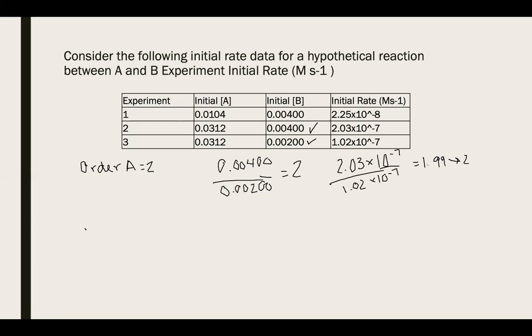So your order of B equals 1. And so your overall rate equation is going to be k, and then A will be squared, and then B is only going to be raised to the first power.